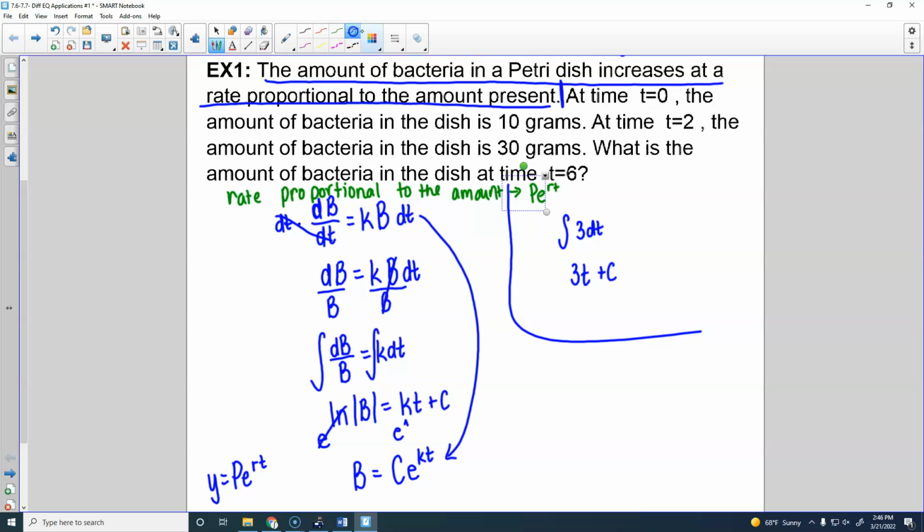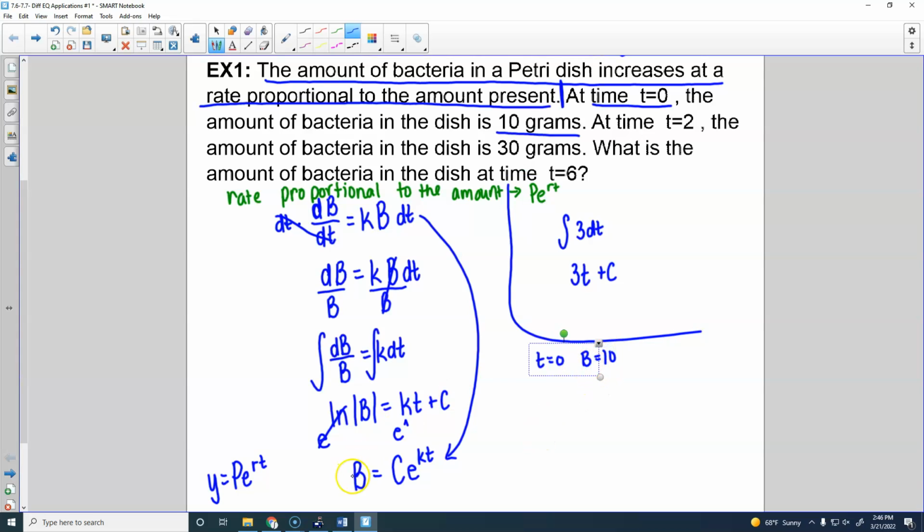So if we know we've got B equals CE to the KT, we have two pieces of information that we need to plug in. So at time t equals 0, bacteria is 10. So that tells us that when t equals 0, B equals 10.